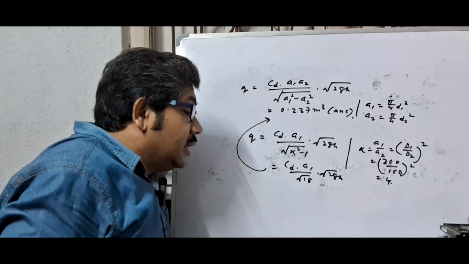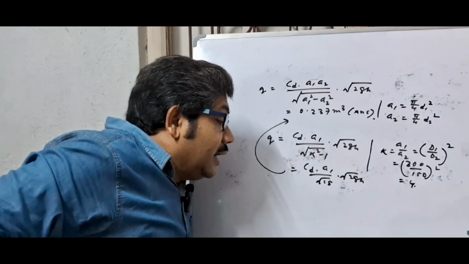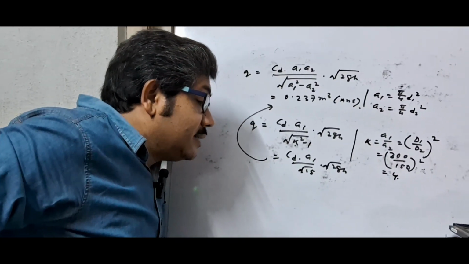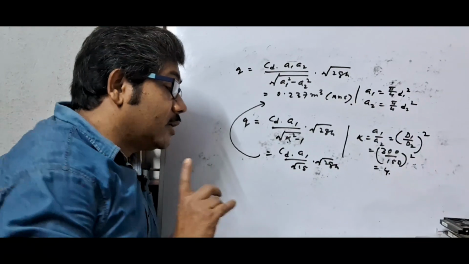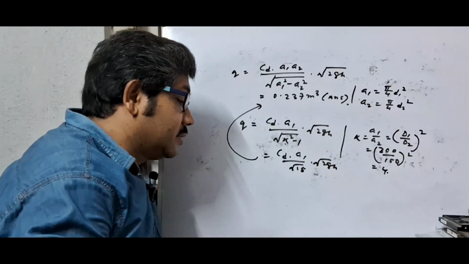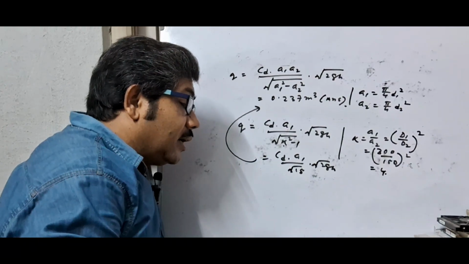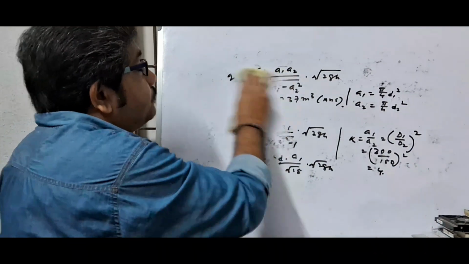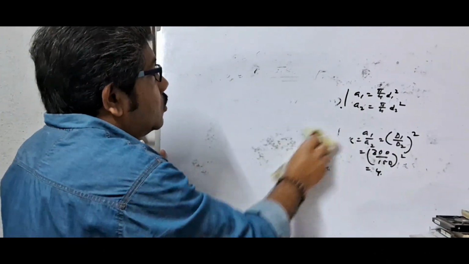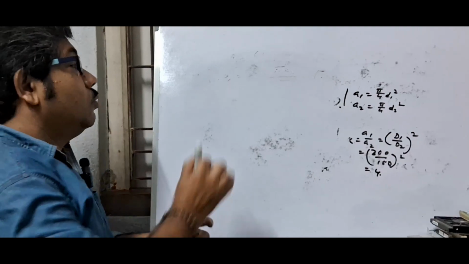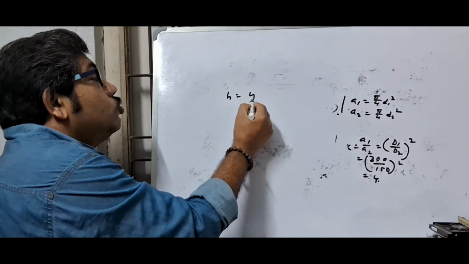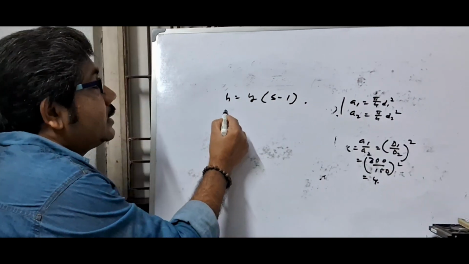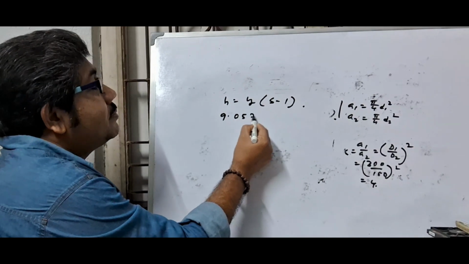And the second portion: instead of the pressure gauges, the entrance and the throat section of the meter are connected to a differential manometer. That means here a differential manometer will be connected instead of pressure gauges. Then find the reading of the manometer, that means the deflection. Look at the board. Here we know that H equal to Y into (S by SO minus 1), with the Venturi head 9.057.